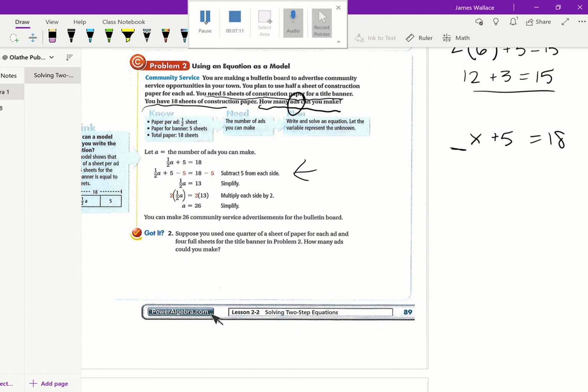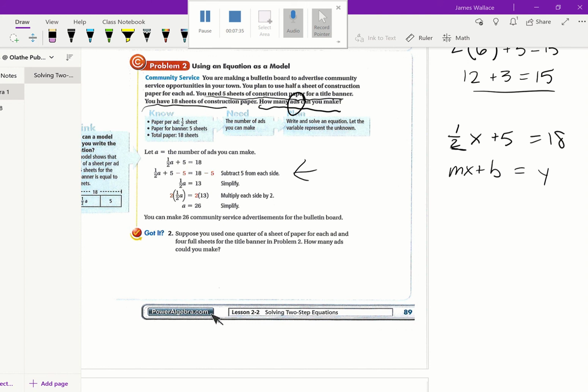You plan to use half a sheet of construction paper for each ad. So each ad is going to take 1/2 a sheet of construction paper. You'll notice here you have the form y equals mx plus b. So we have mx plus b equals y. That's the same thing as y equals mx plus b.